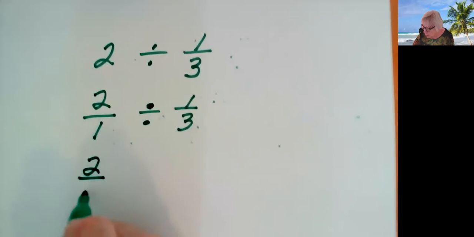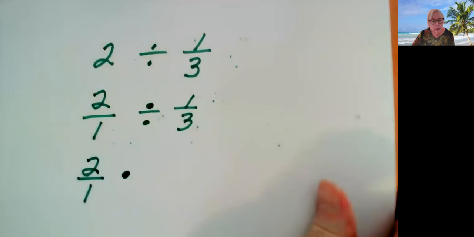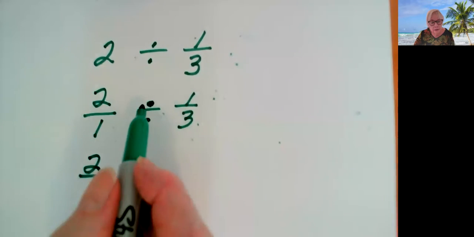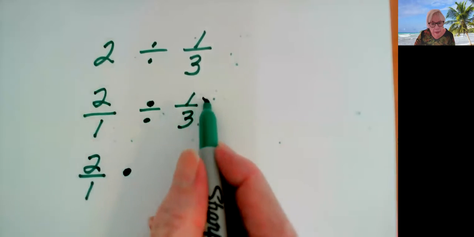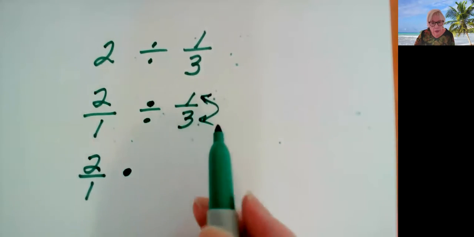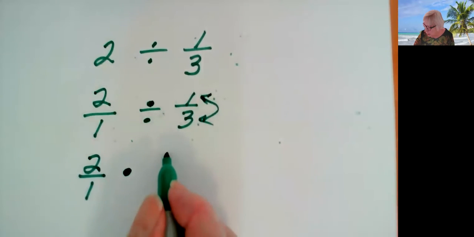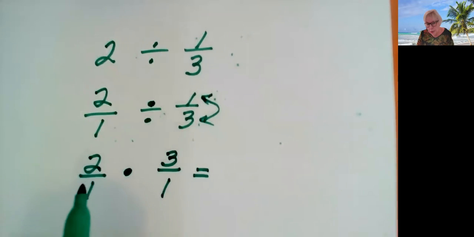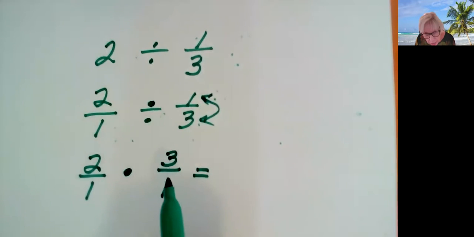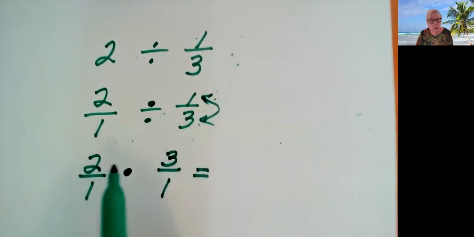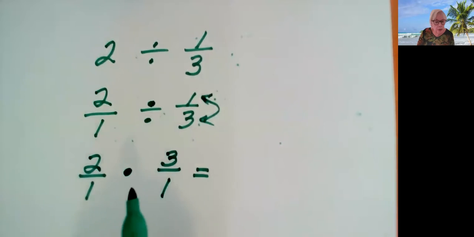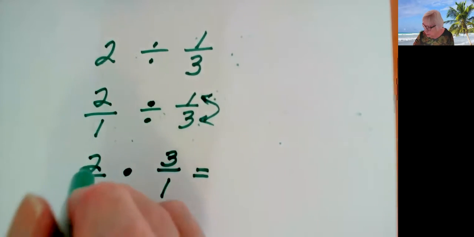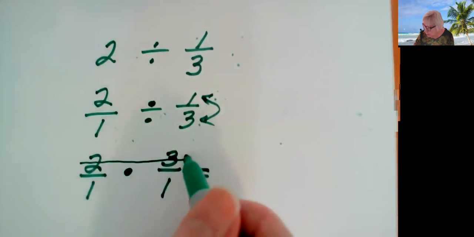So that first number, 2 divided by 1, stays exactly the way it is. Division becomes multiply, and this switches. So this would be 3/1. It's very important to keep your fraction lines horizontal and also kind of neat so that you can clearly tell what's on top and what's on the bottom so you don't get tangled.